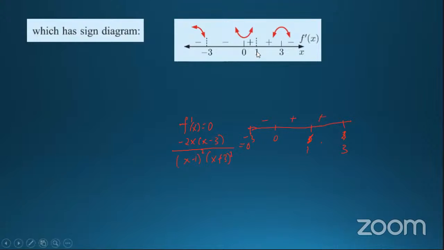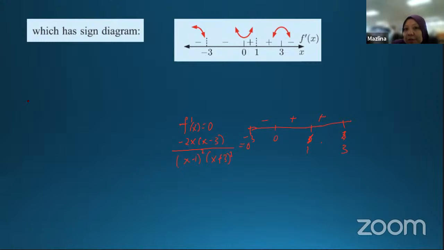0 and 1 positive, 1 and 3 positive, more than 3 is negative, below than 0 is negative, below than negative 3 also negative. So kat sini pun negatif. Tapi kelas, cuba tengok why we have at this particular point pun kita tengok walaupun dia negatif, tapi we have the points that. And here also, 0, 1 here, it is positive and positive.